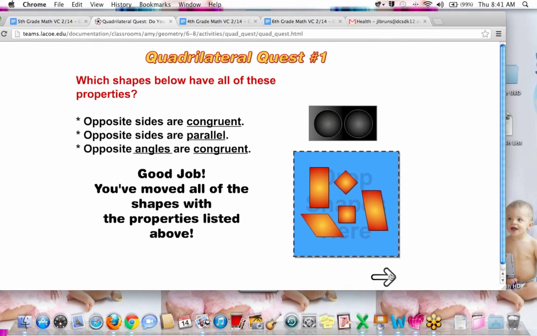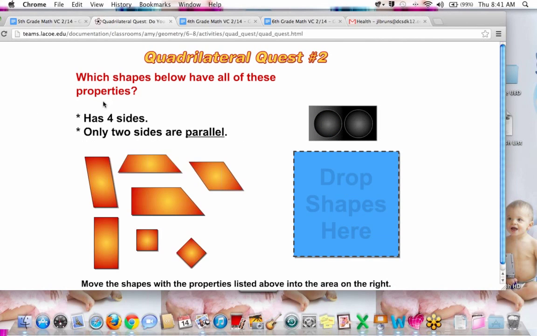Now it's going to give us a new set of properties. We are looking for shapes that have four sides and only two parallel sides. Nicholas, tell me one of them. Right here.